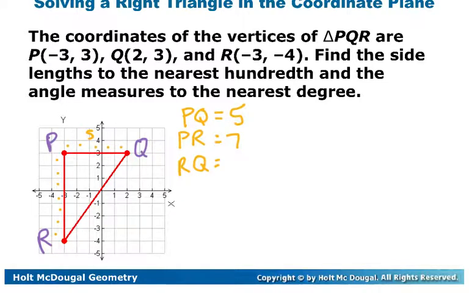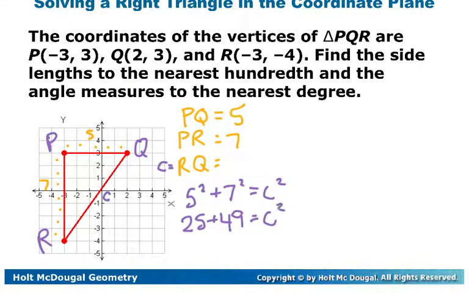And in this case, we can use the Pythagorean theorem. So if we know that that side is 5 and this side is 7, in order to get our C side length, we can use the Pythagorean theorem of 5 squared plus 7 squared equals C squared. 5 squared would have been 25, 7 squared is 49, and so putting those together, we get 74.